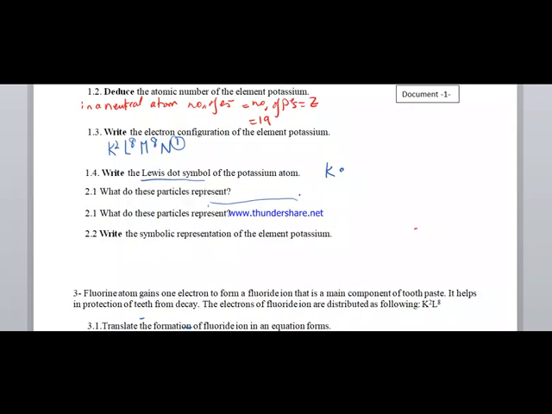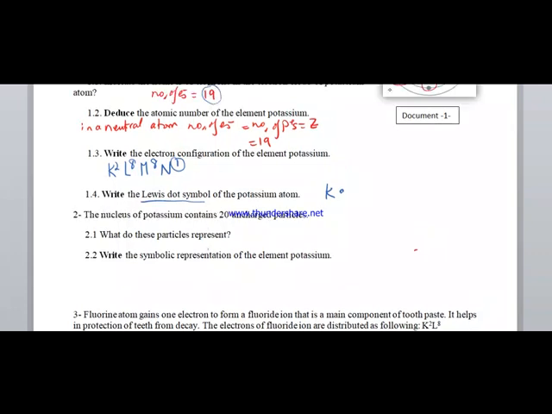The uncharged particles in potassium are the neutrons. What does this particle represent? They represent the number of neutrons, or the neutron particles.